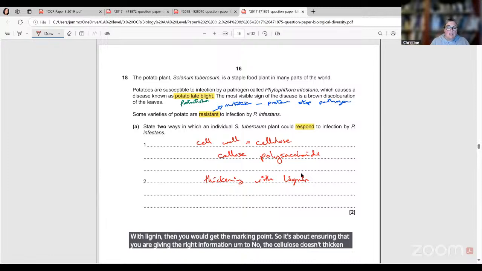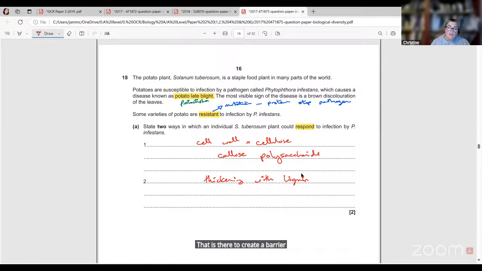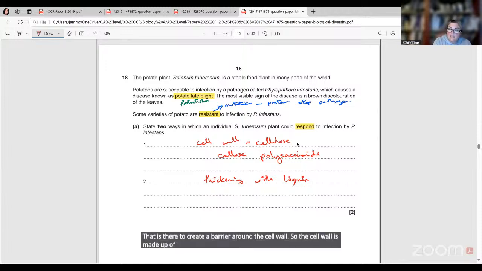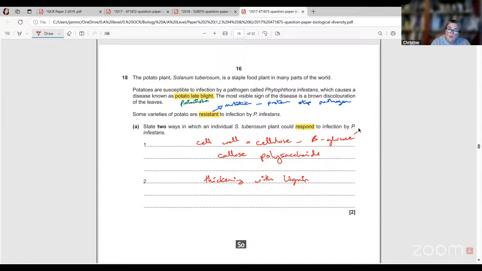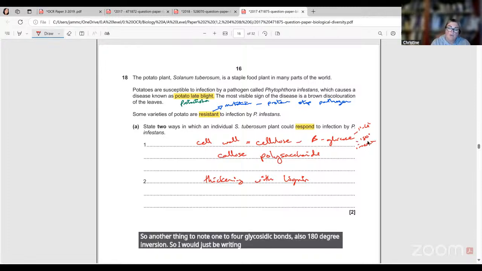It is the lignin that is there to create a barrier around the cell wall. So the cell wall is made up of the cellulose. Just to add in, the cellulose is obviously our beta glucose molecules. Another thing to note: 1 to 4 glycosidic bonds, also 180-degree inversion. I would just be writing a few little notes to myself to keep that in the forefront of my mind because I'm revising it.